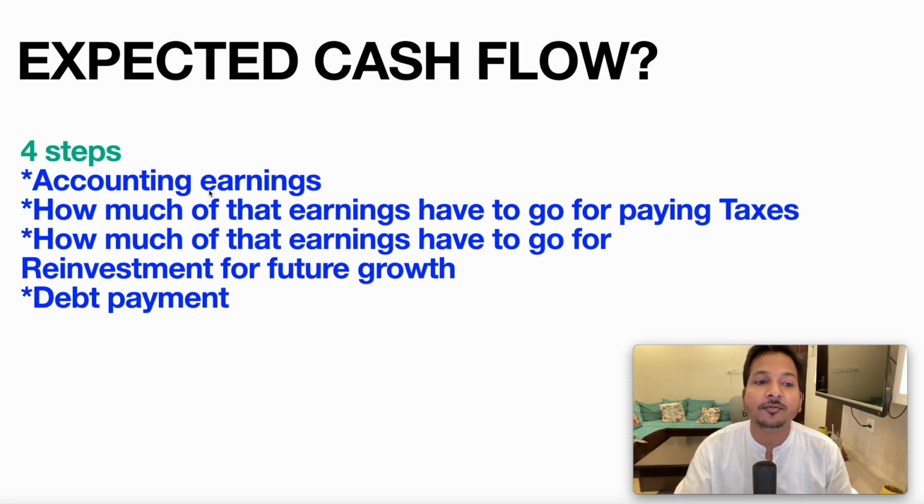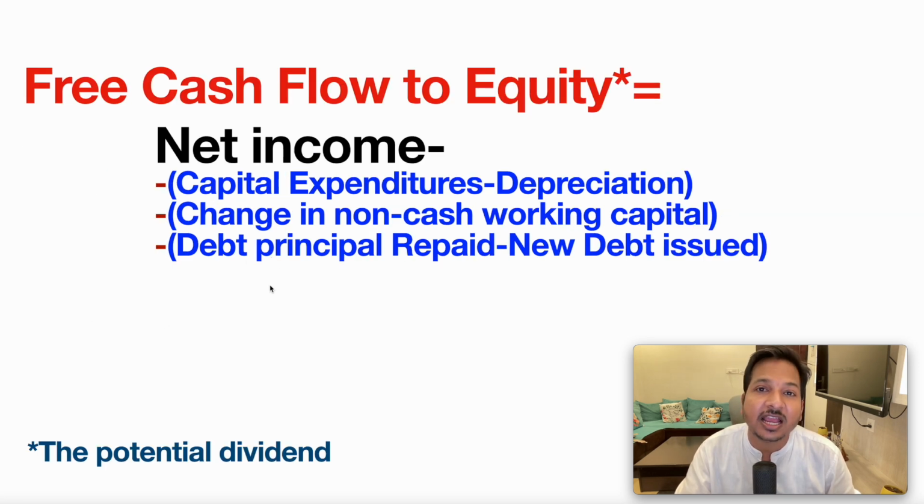Here you have to see four things: accounting earnings, how much of those earnings go to paying taxes, how much have to go to reinvestment for the company's future growth, and the debt payment requirements. After that you get the free cash flow to equity, and this is a simple equation.